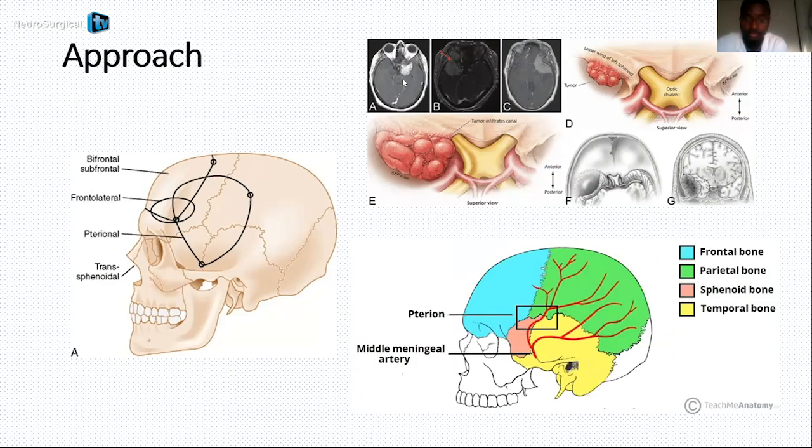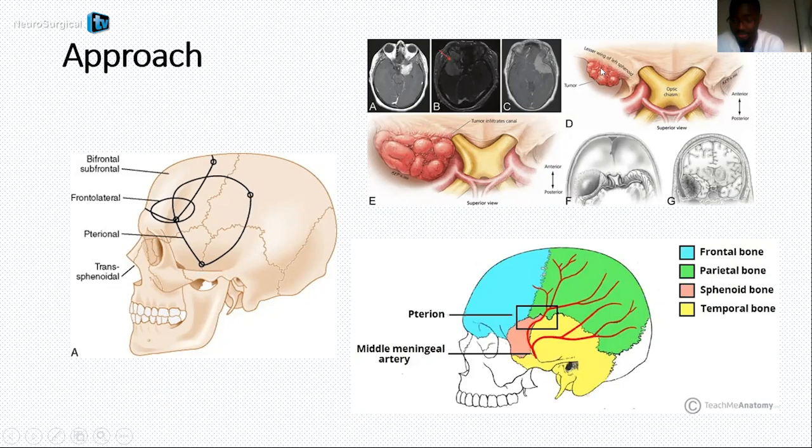And in meningioma classification, you can see here the anterior and posterior clinoid, and the lesser wings of the sphenoid could be invaded by tumor.